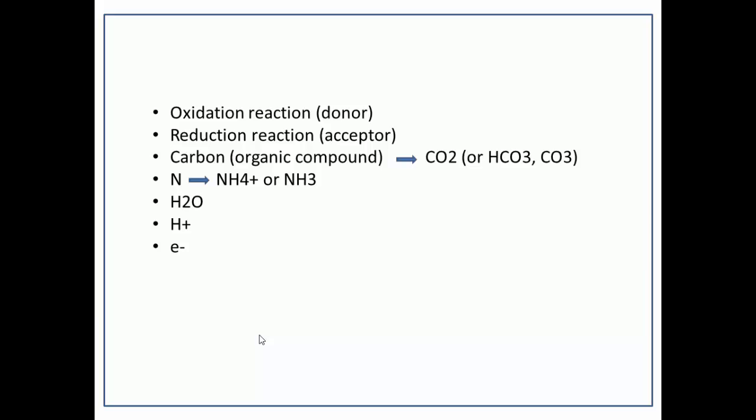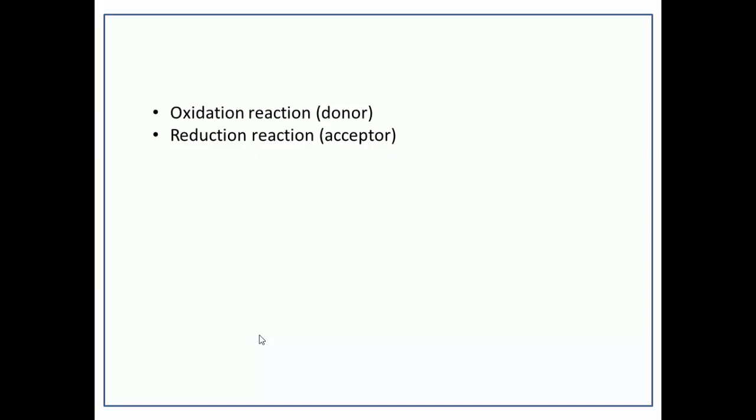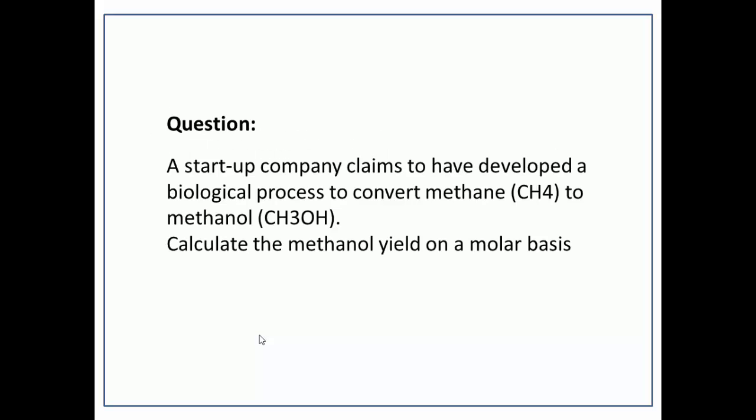So now let's go to the problem above. The problem says that a company claims they can convert methane to methanol. So we know that we have an organic compound called methane, and we have another organic compound called methanol.